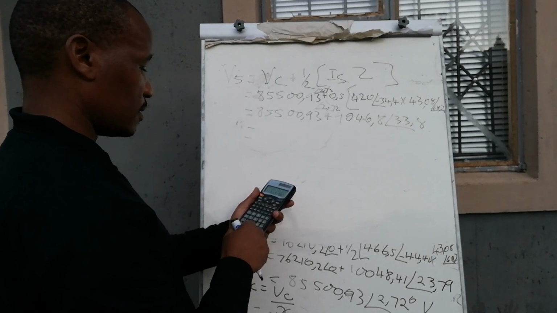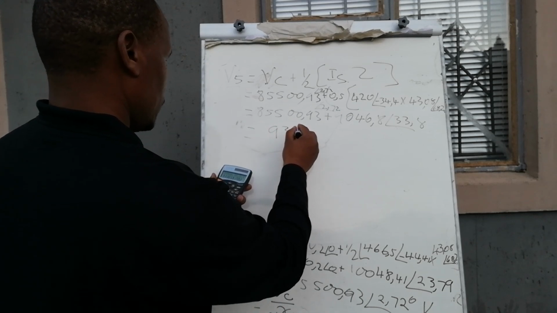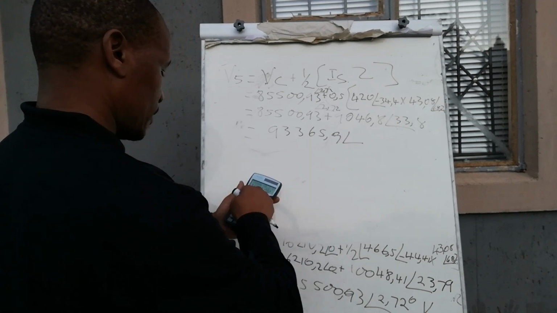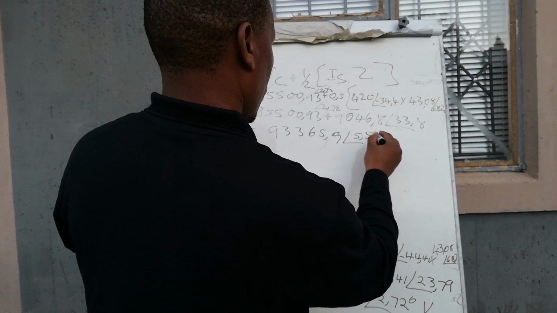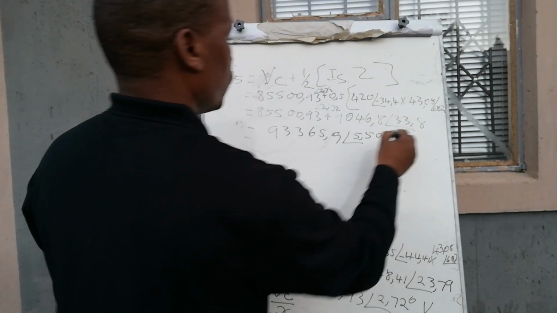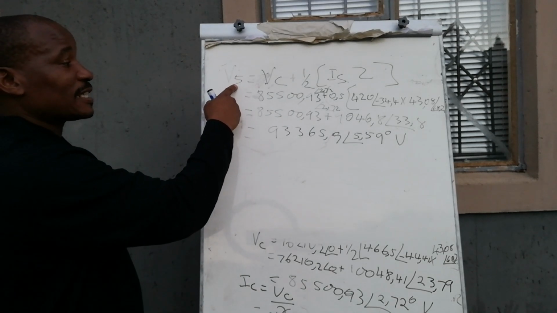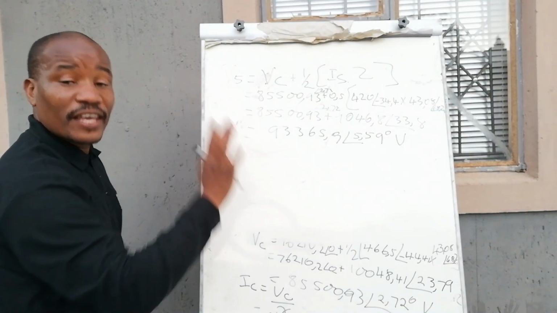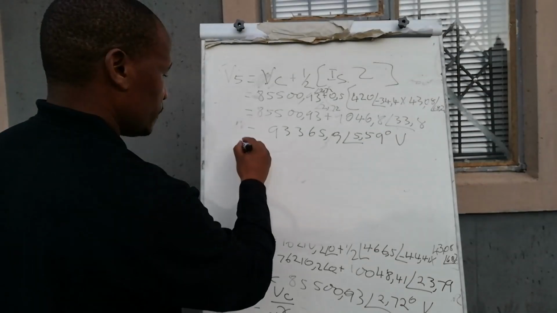Answer is equals to what? 93,365.9 angle of 5.58 degrees volts. This is the phase voltage. This is the sending voltage phase value. Let's convert it to line voltage.